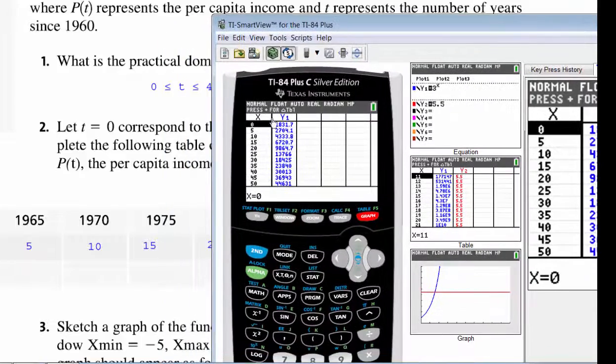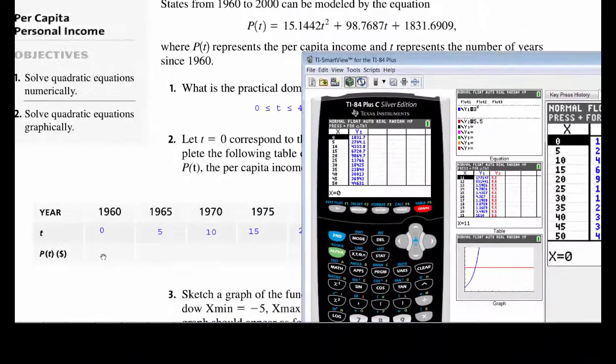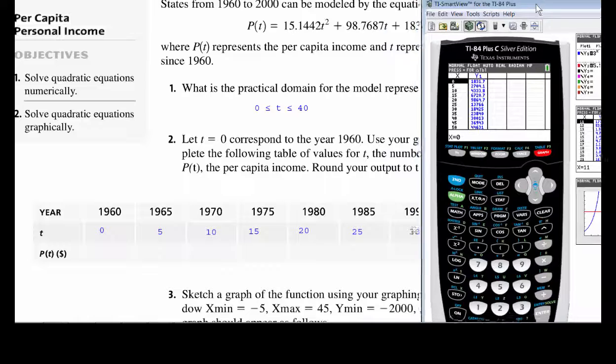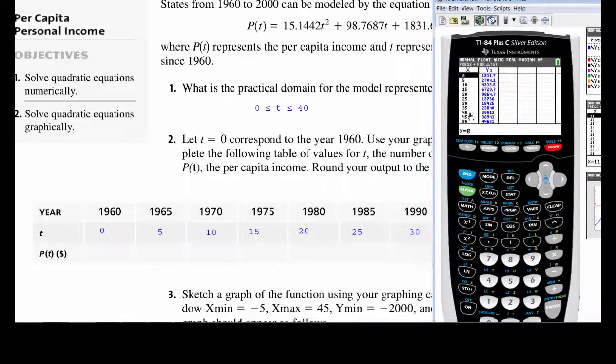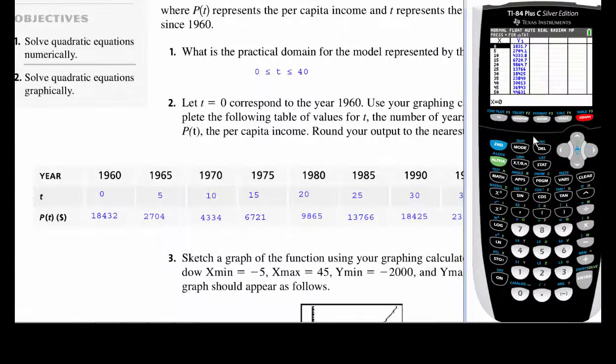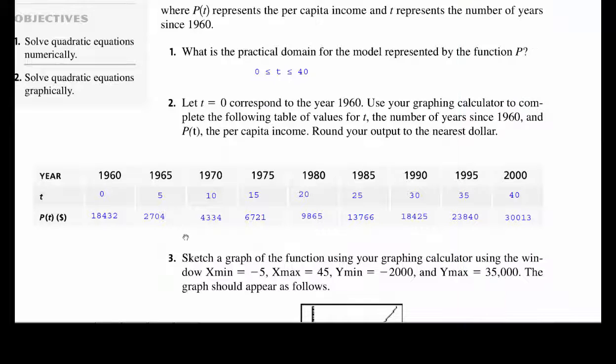So I can simply put in 1,831 for my P here, and for a 5, when T is 5, I have 2,704, and so forth. Right? So all of my values for my table are going to come from here. So when I transfer the information from my calculator to my table, these are the results.